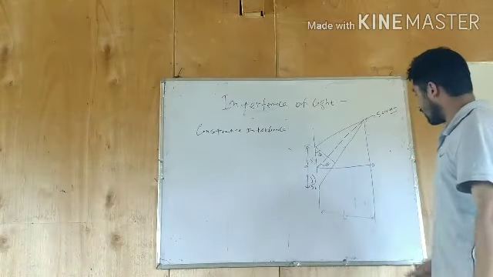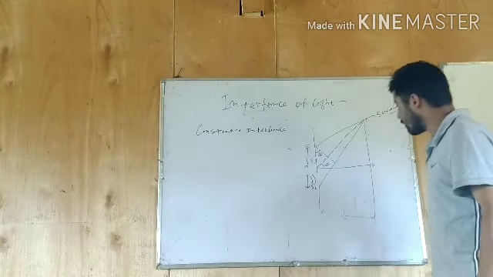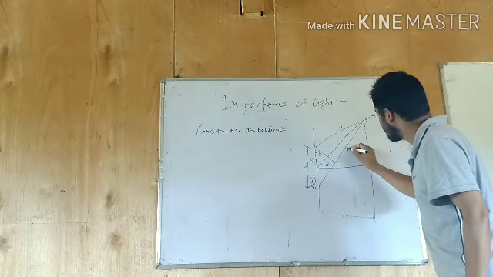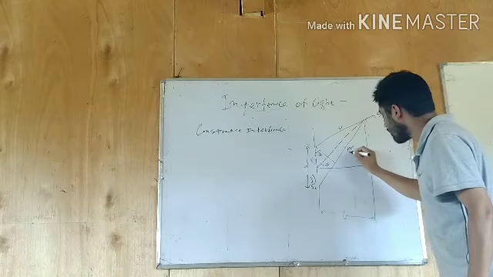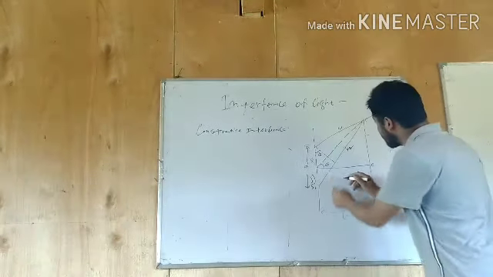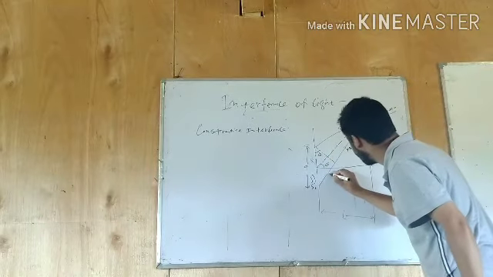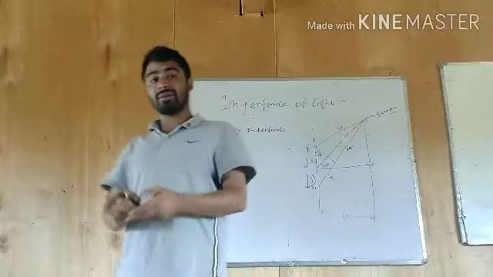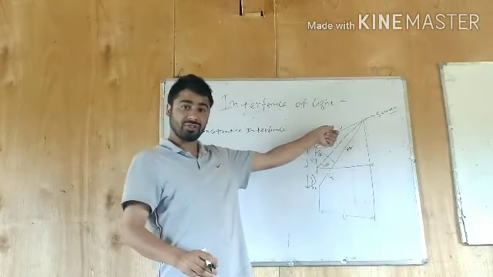The purpose of drawing this perpendicular here is that, suppose this is ray R1 and this is ray R2. This ray R2 covers an extra distance than ray R1. Let me label it here. There is an extra distance covered by the second ray relative to the first.